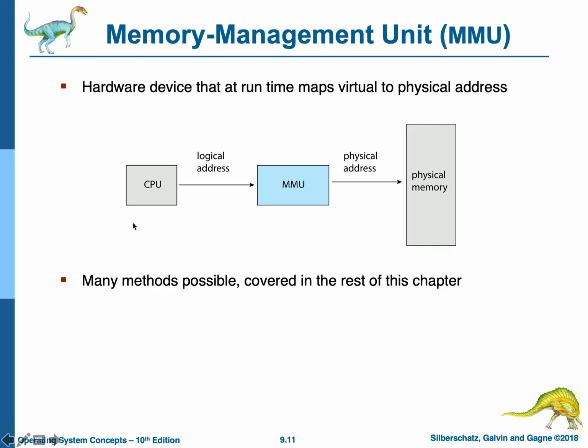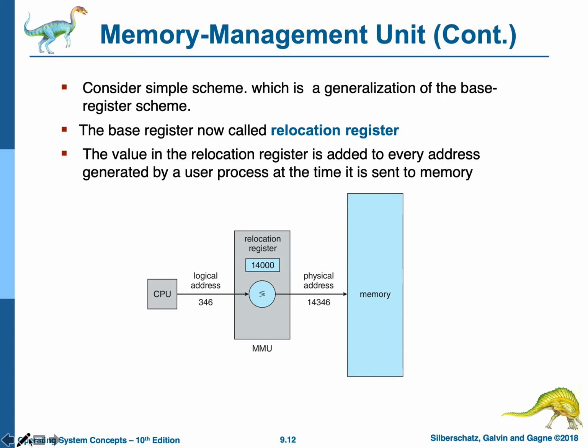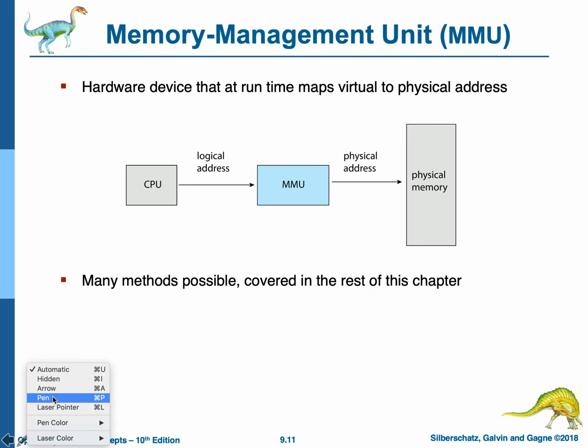So here's the MMU, shown in this picture. It is a hardware device that at runtime manages the addresses coming from the CPU to the physical address over the physical memory. So this is the memory management.